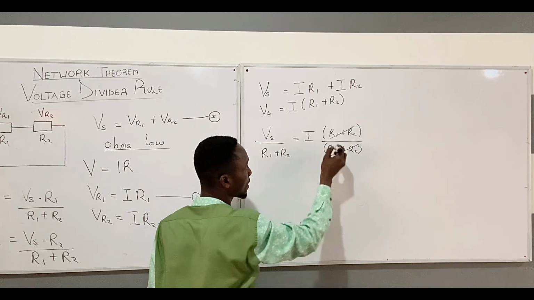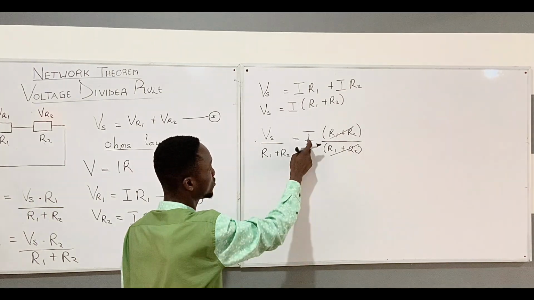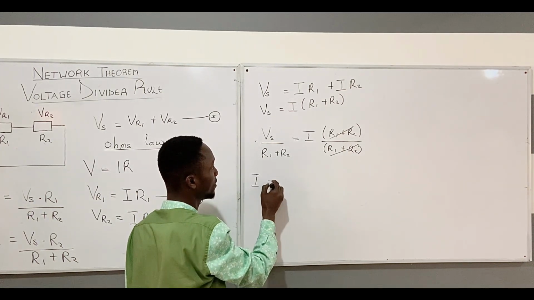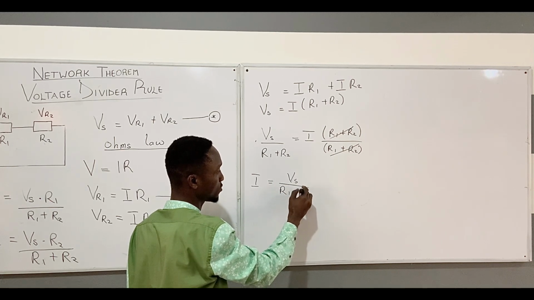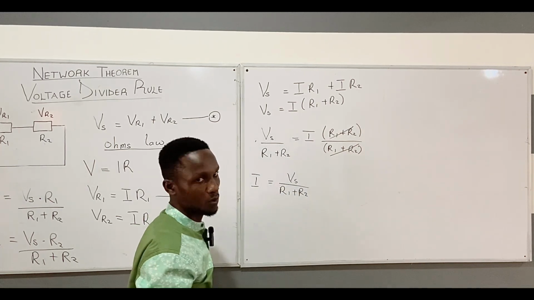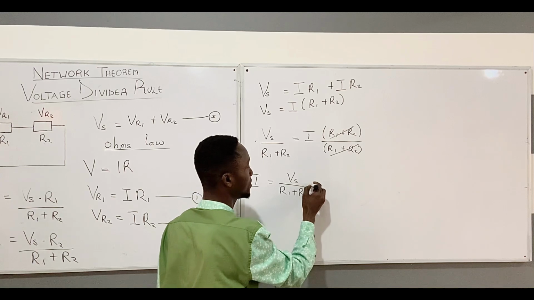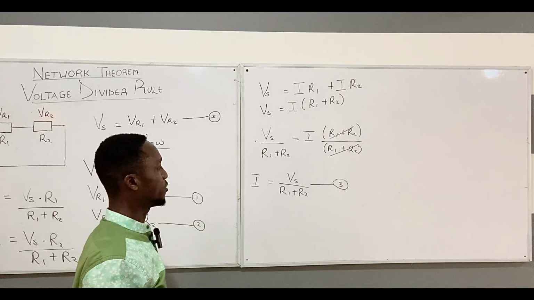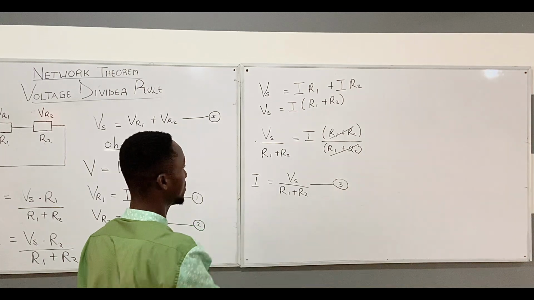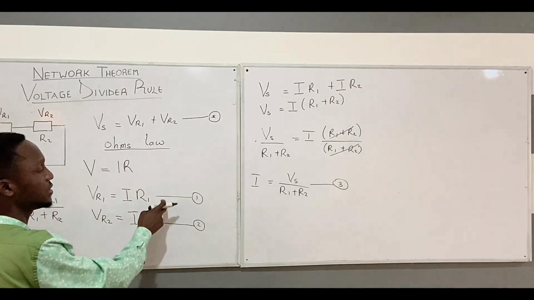Now this one can cancel this. So we are left with I giving us Vs all over R1 plus R2. Now, from here, let's label this equation 3.